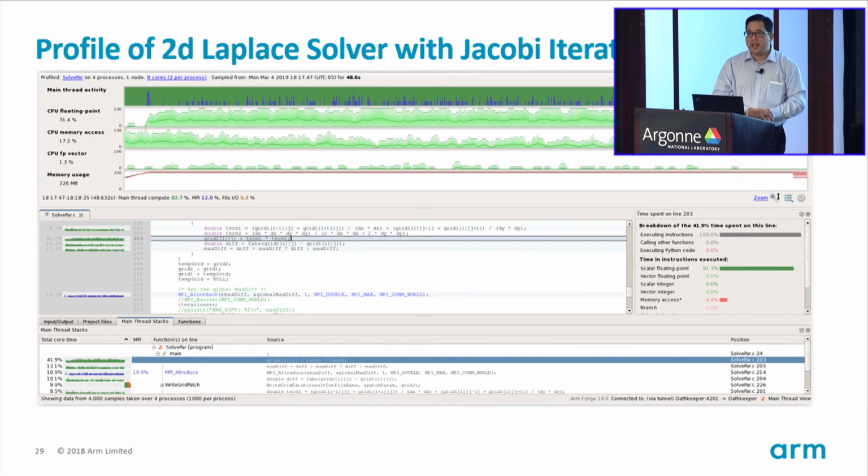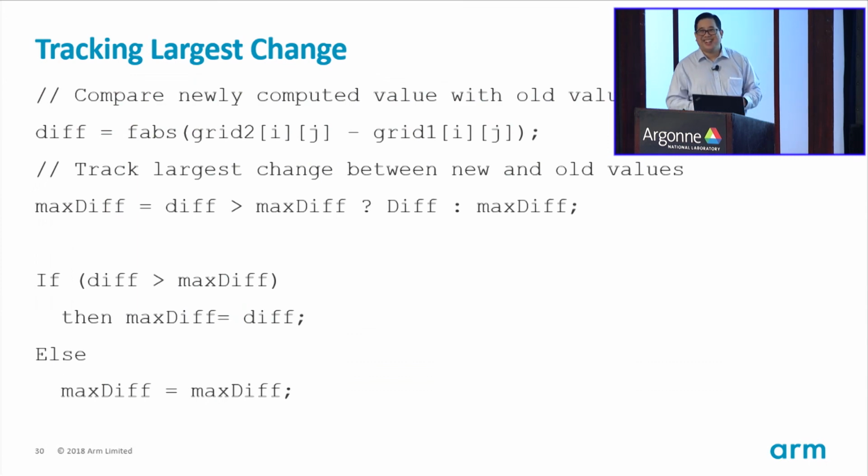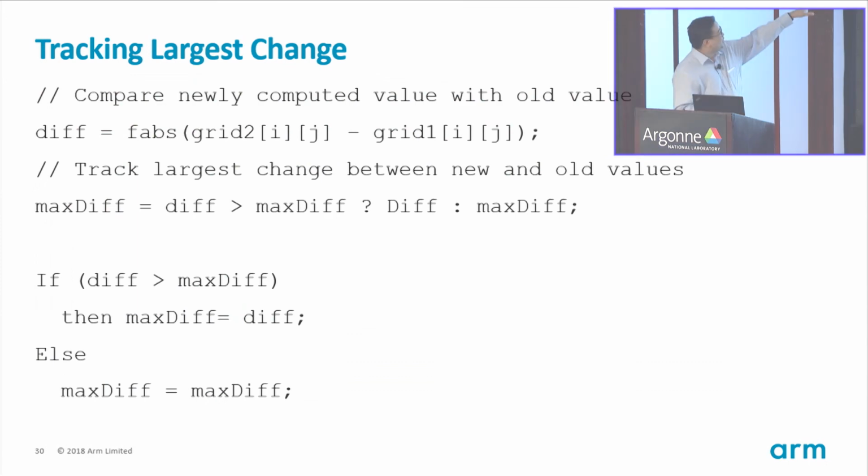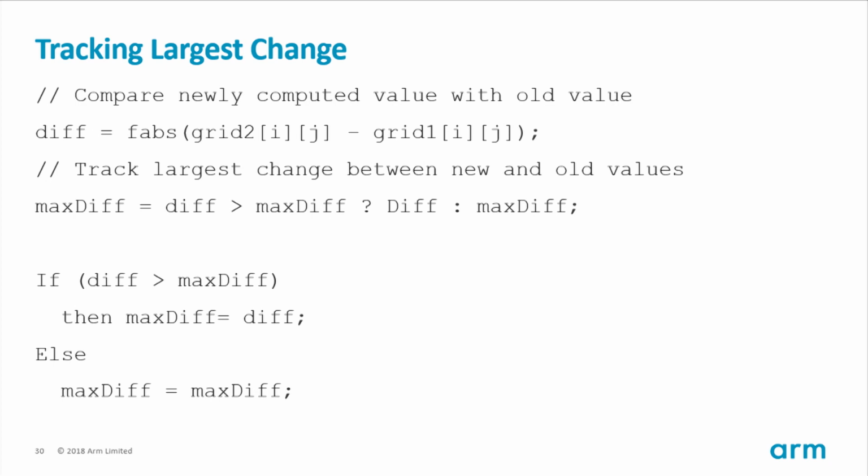So this summer, I had an ARM intern, and I tasked him with creating a 2D Laplace solver. I'm sure some of you are already familiar with that algorithm. He coded it up, and what he did wasn't wrong. He was tracking the largest change: he's computing new values based on the surrounding neighbors, then computing the difference between the new value and the old value, and tracking the largest changes.